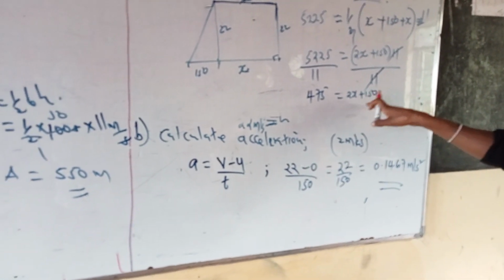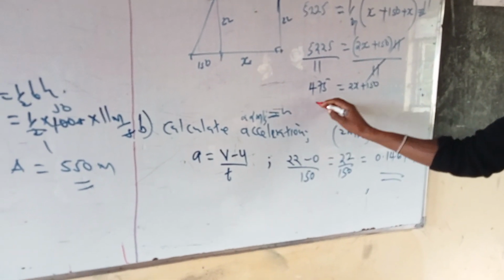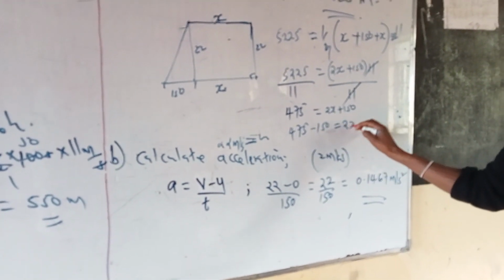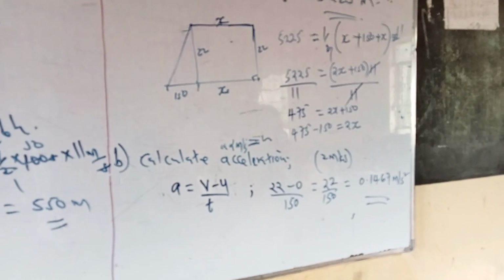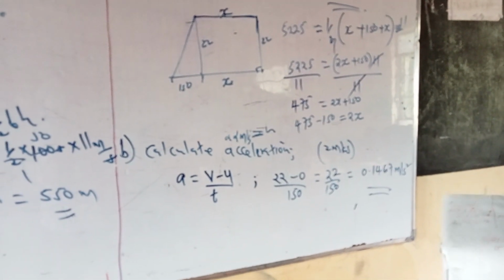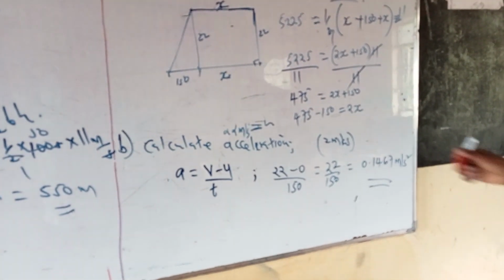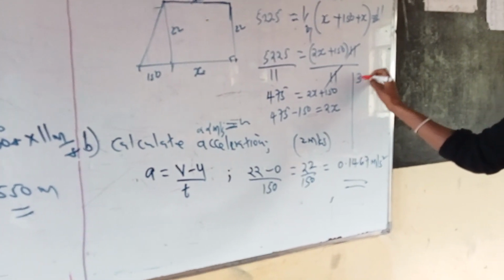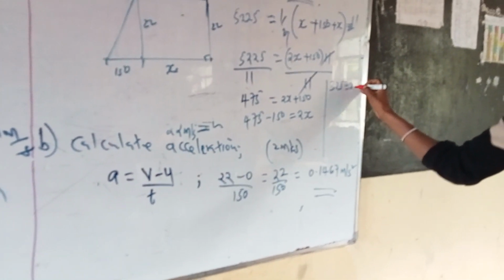And then you make x the subject: you take this to the other side, and it will be 475 minus 150 is equal to 2x. 475 minus 150 is 325. You get 325 is equal to 2x.